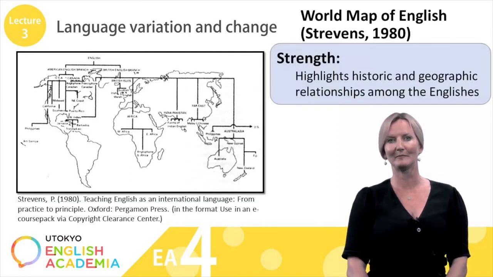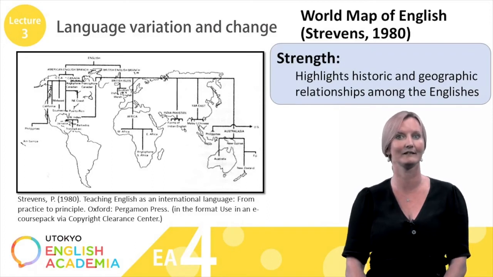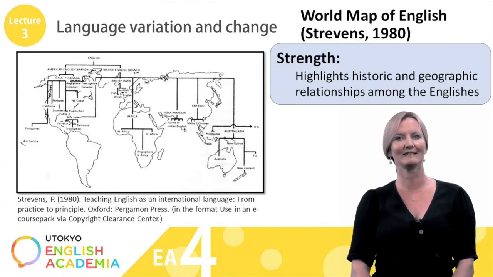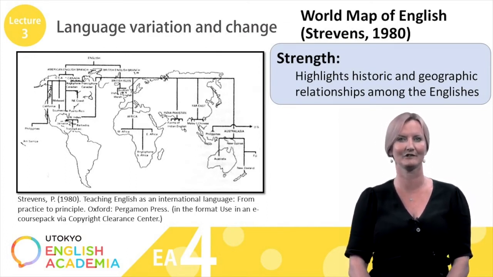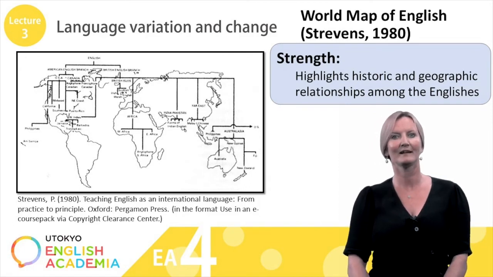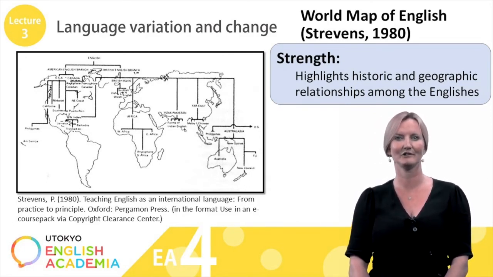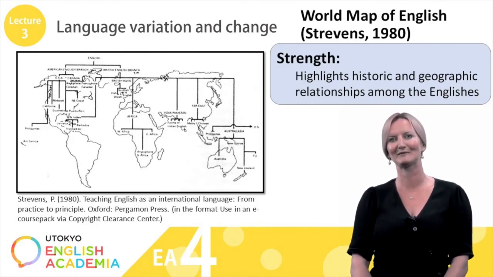It shows, for example, that West African English is more similar to the English spoken in East Africa than in Australia. It also aims to show that every variety of English is aligned with one of the two main branches of English, British and American, and it aims to illustrate the historical and geographical relationships between them and their various children in different parts of the world.